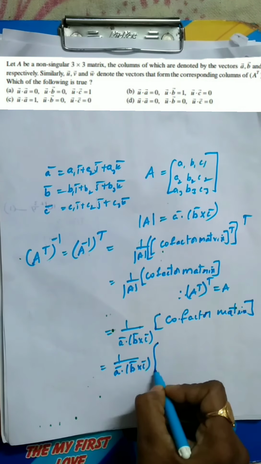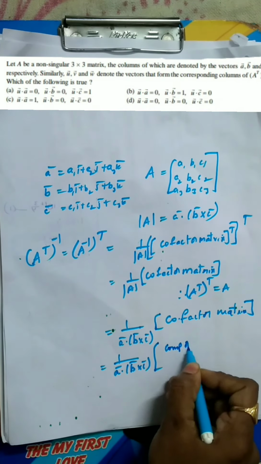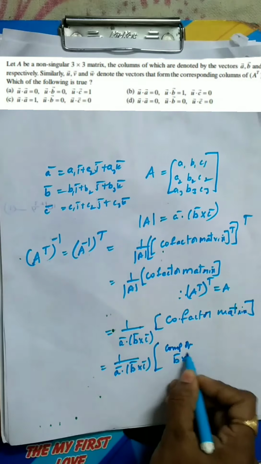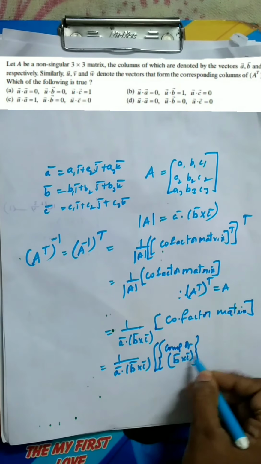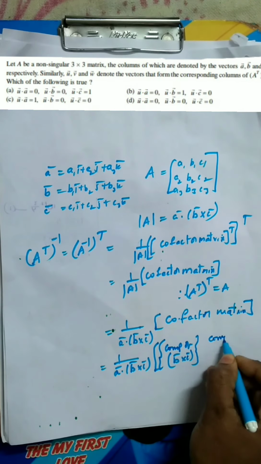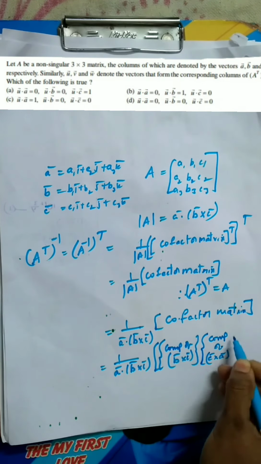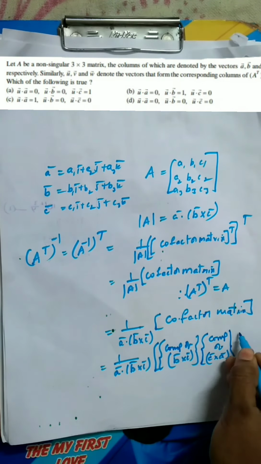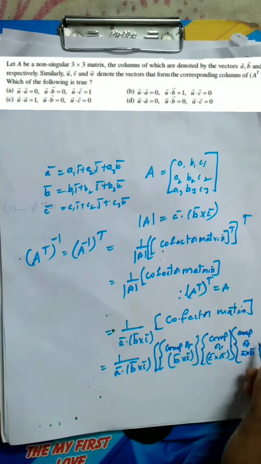The cofactor matrix means it's the component of b bar cross c bar, component of c bar cross a bar, and component of a bar cross b bar.